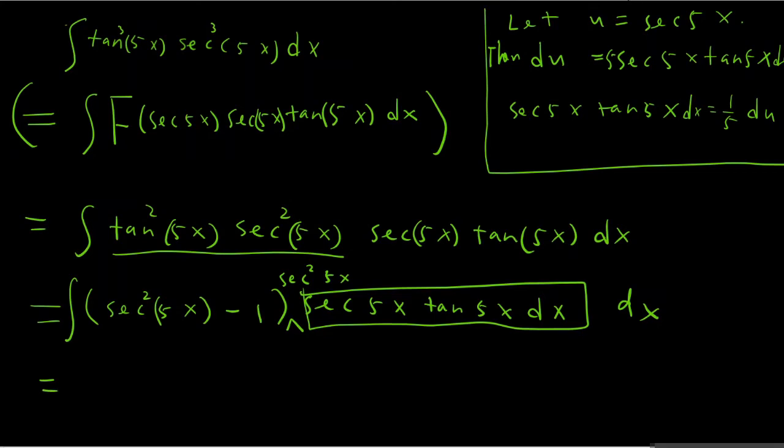So chat is right. I'm going to leave out 1/5 out of the integration notation, and wherever you see secant of 5x is u. So here you have u squared minus 1 and times u squared. Secant of 5x the whole thing squared is u squared.